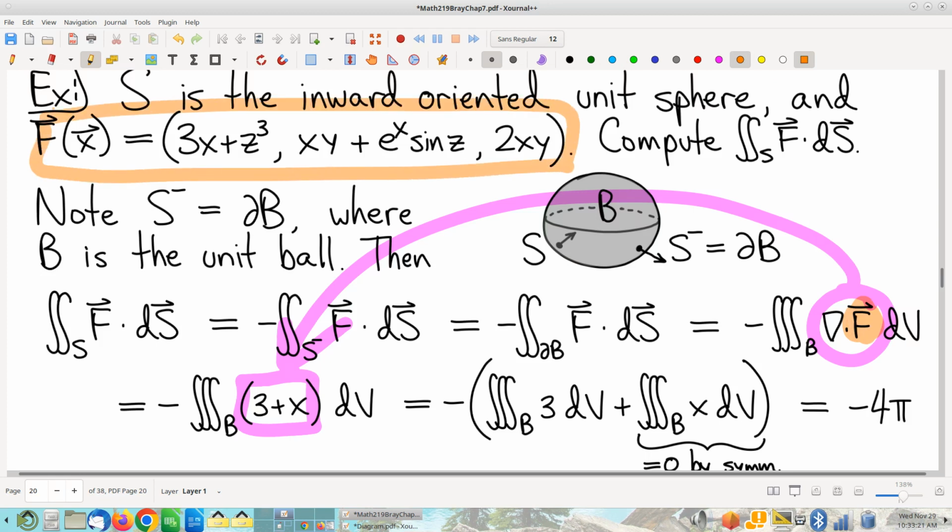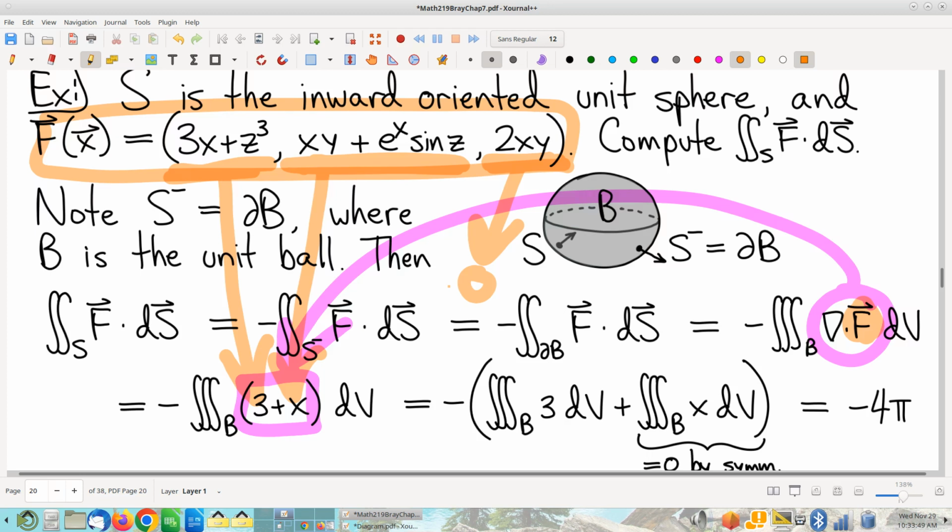So we take the x partial of this, which of course gives me the 3, and then I need the y partial of that, which gives me the x, and then I need the z partial of that, which gives me nothing. So easy computation, but just for the sake of having said it, do make sure that you know the formula for divergence. It's essential to have that ready to go.